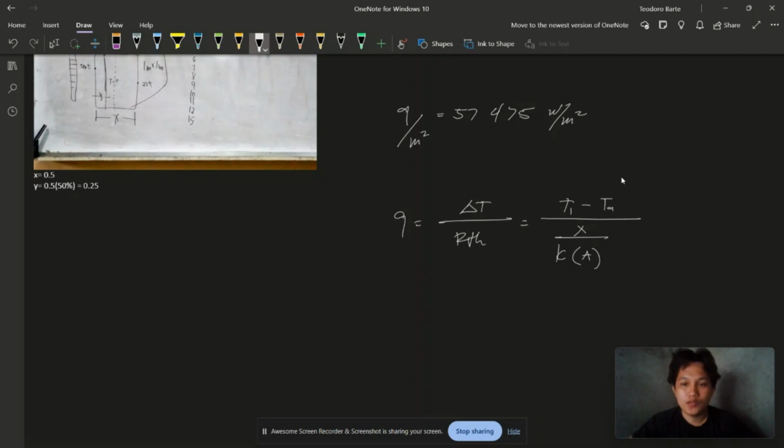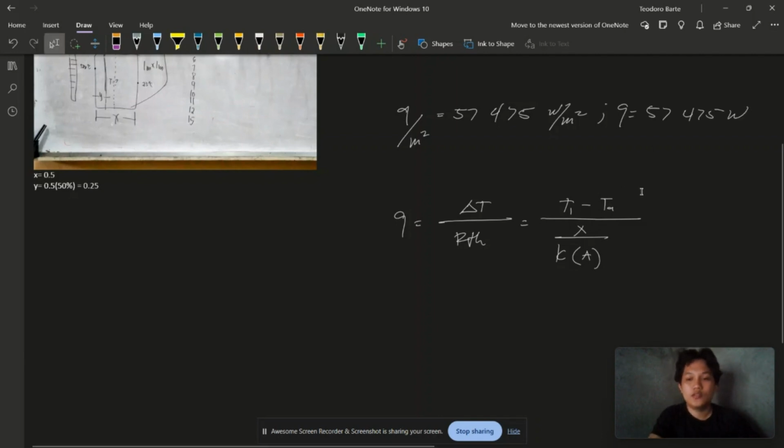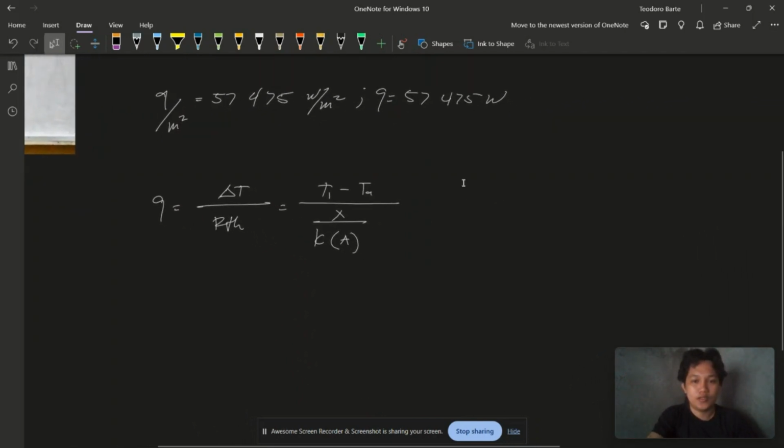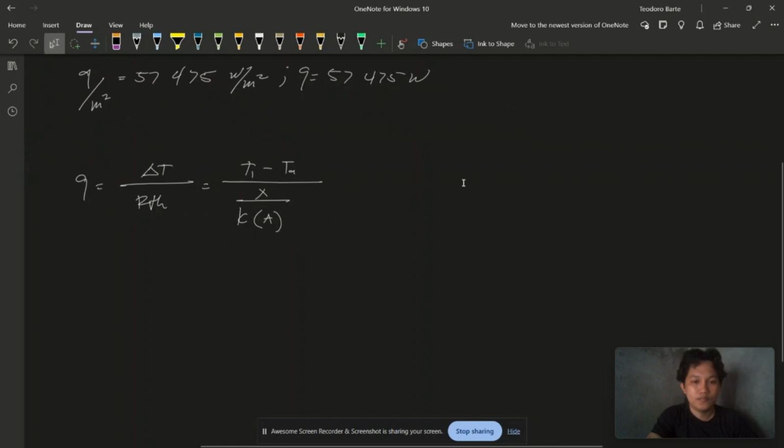So to find Q, I just multiply this by 1. It will be the same. Q is equal to 57,475 watts.